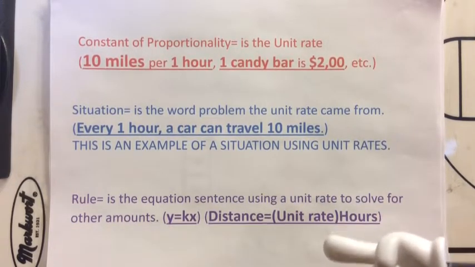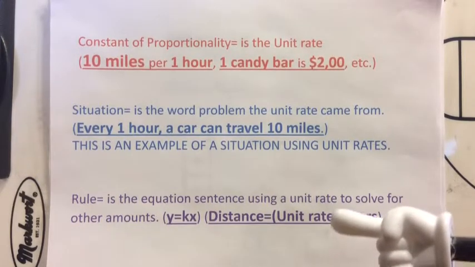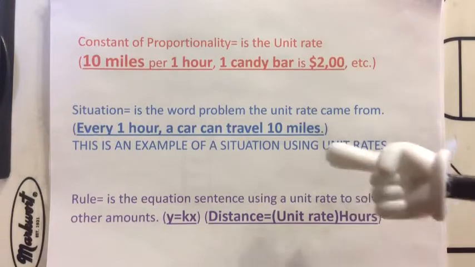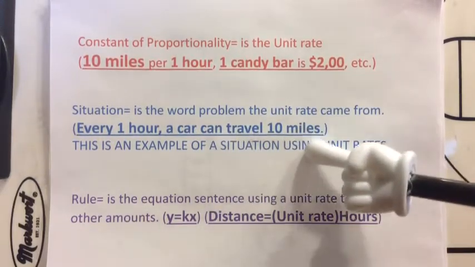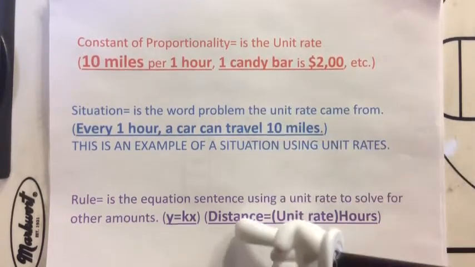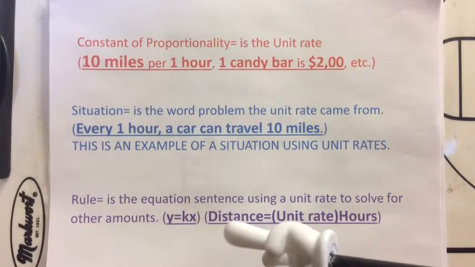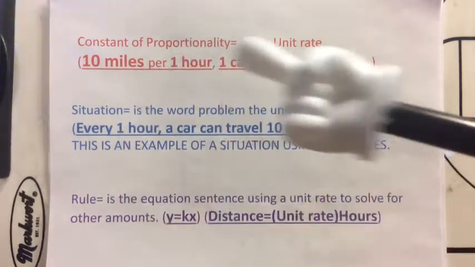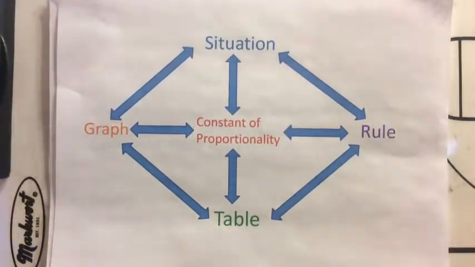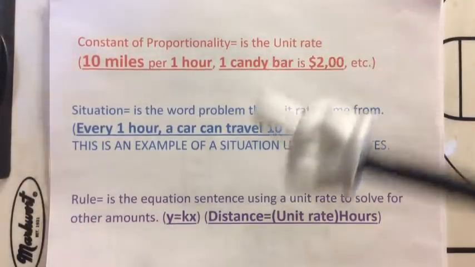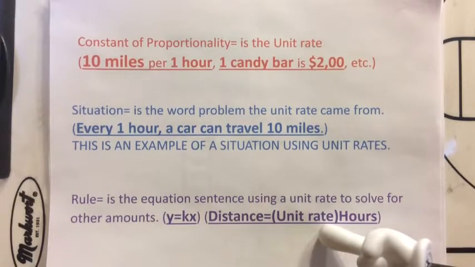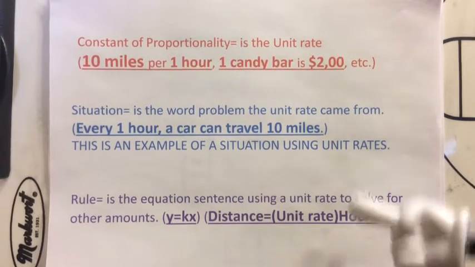So let's say you decide to travel 8 hours. If you were to travel 8 hours, and you know that for 1 hour you're traveling 10 miles, you would do 8 times 10, and that will get you your distance. So when you represent your rule on your proportionality web, you're going to write the equation distance equals 10 miles and then any number of hours.